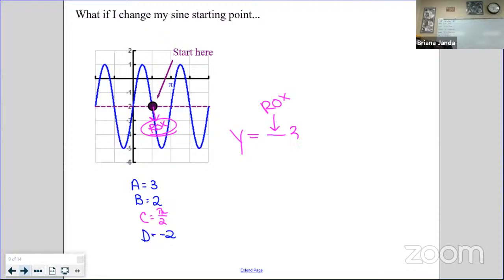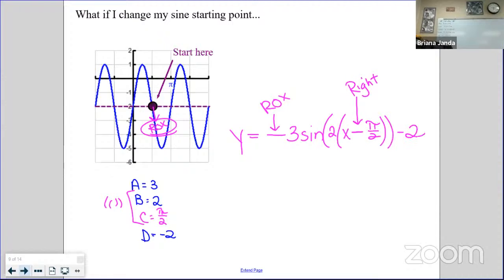My amplitude is 3. We are doing a sine curve because we started at our midline. We have both a B and a C value, which means we need those double parentheses, right? We move right, so again, this would be a negative. And minus 2 for the down 2.